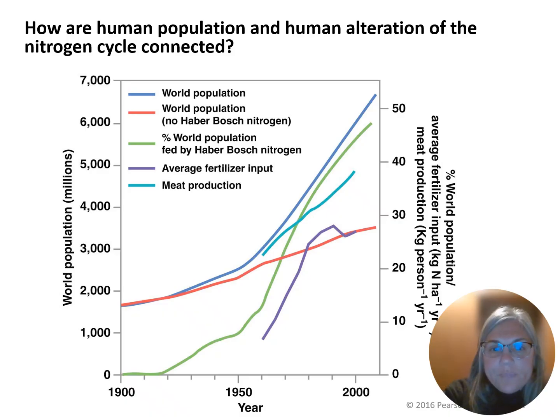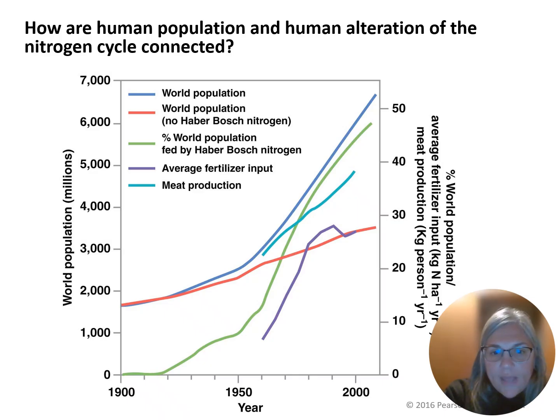The pink or reddish line represents the population that we would have if we didn't have the Haber-Bosch process to create all of this synthetic fertilizer. So this suggests that the Haber-Bosch process of making synthetic fertilizer and then putting it on our agricultural systems has increased the capacity to feed a larger population globally.